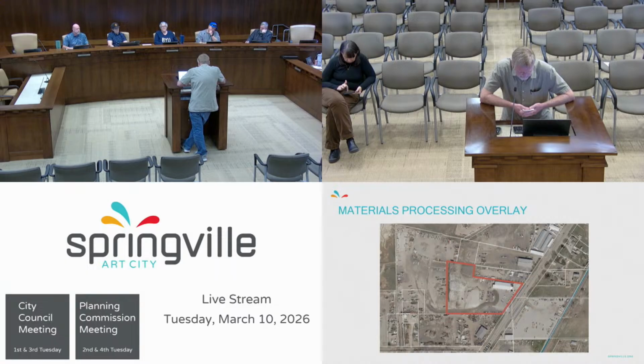And as far as the way the code's already written, it's already being decimated. It says in code 1,000 feet from a residence, which I assume is done for the safety of the residents, the people in the residence there.